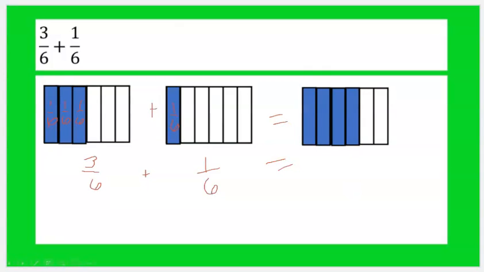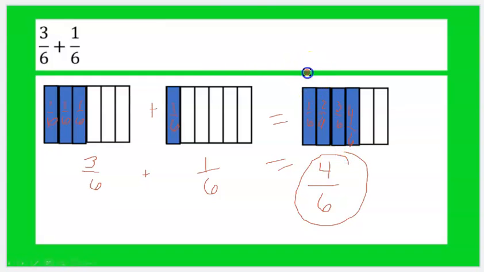Okay, so I have 1/6, 2/6, 3/6, and 4/6. Because I have 4 tiles and each of those represent a sixth, my problem becomes 3/6 plus 1/6 equals 4/6.